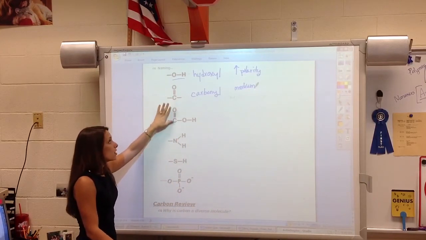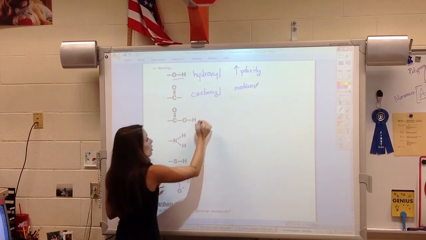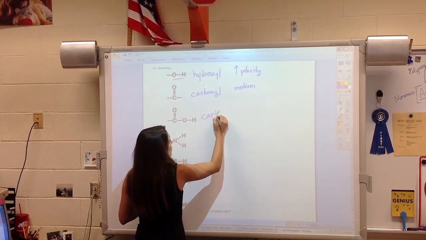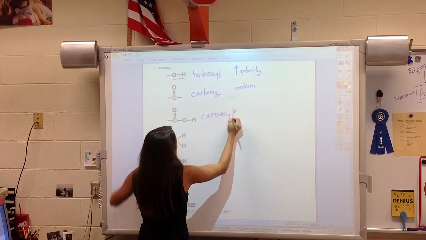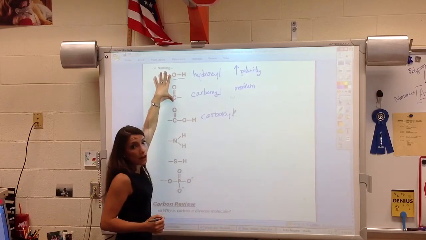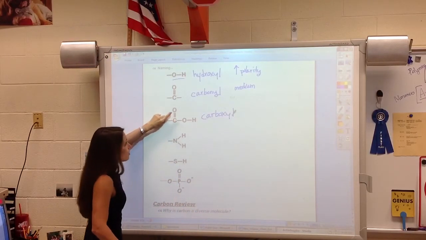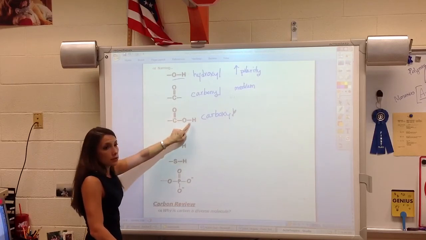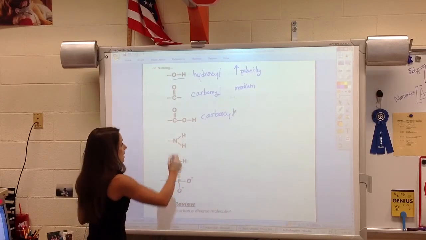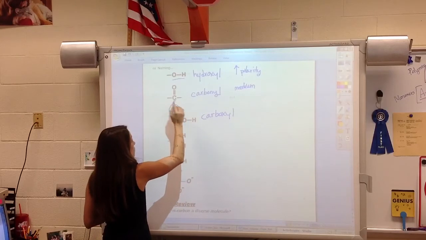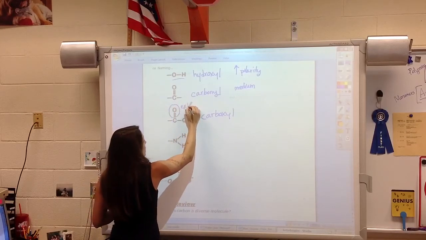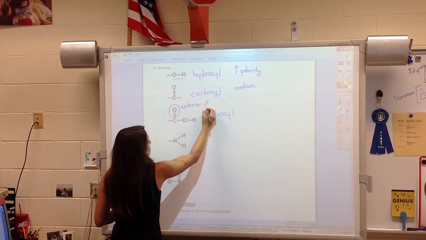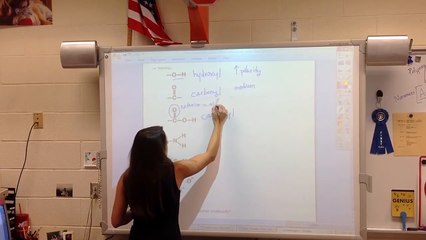This one is called carboxyl. It's kind of a combination of the carbonyl and the hydroxyl. Bonded to the carbon is the double O, but also the OH. If this double O is on the exterior of the molecule, it's actually called an aldehyde.